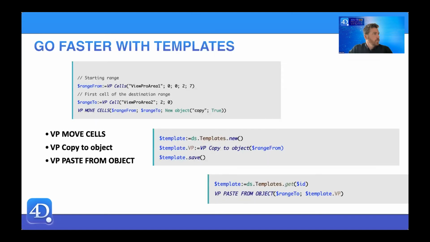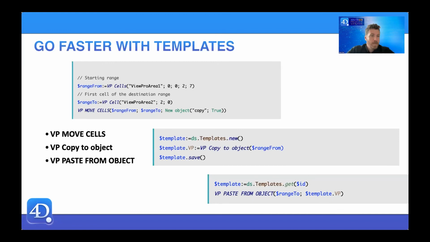And creating reports and spreadsheets from existing templates speeds up development. Say you have some sweet portion of a spreadsheet that you want to use in other 4D View Pro documents. Before, this was possible, but you needed to export the 4D View Pro document into an object, read through it, take what you wanted, and insert that into the appropriate location in another 4D View Pro document manually.